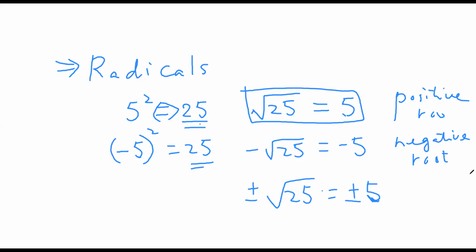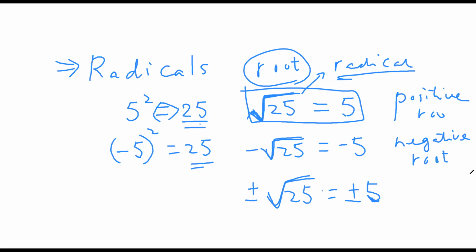And reverse process, we can say find the root process. This find root process, we use some kinds of signal. We call radical signal. So today we're introducing this kinds of called radical process. Earlier we learned these kinds of exponent, square, something like 5 power cubic.